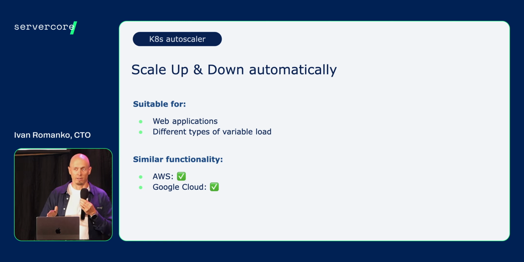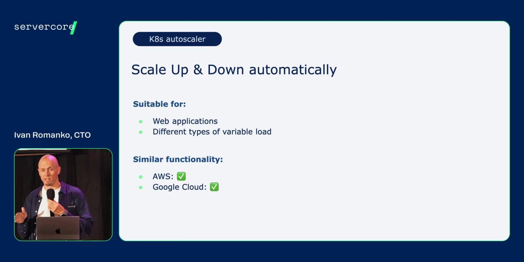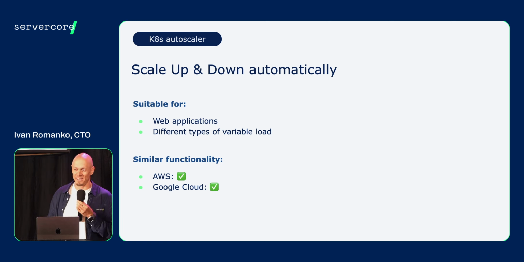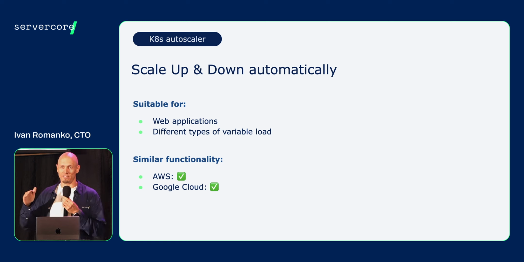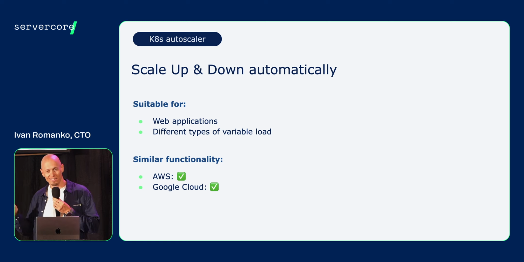We have a customer that has a Kubernetes cluster running at 3 nodes almost all the time, except rush hours for their services. And those rush hours start at like 10 in the morning, and they continue to like 4 in the evening.